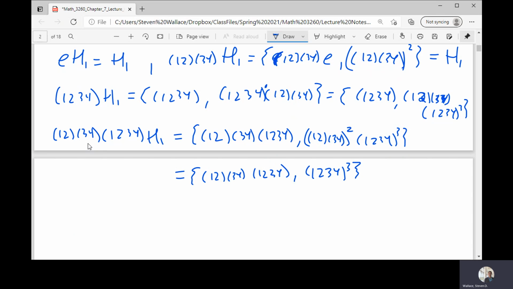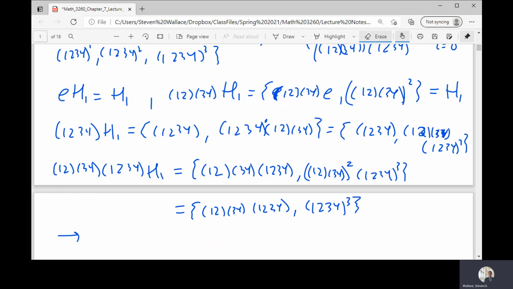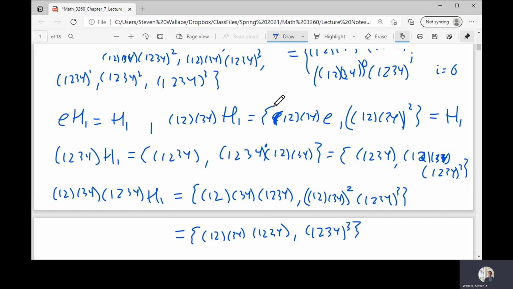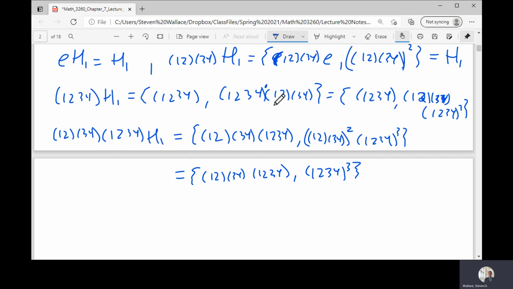Okay. Anyway, it turns out there are only 4 distinct cosets. Okay, so let me see. So far I've got this one. So let's see, let me make sure I've got some. Okay, H1's a coset.